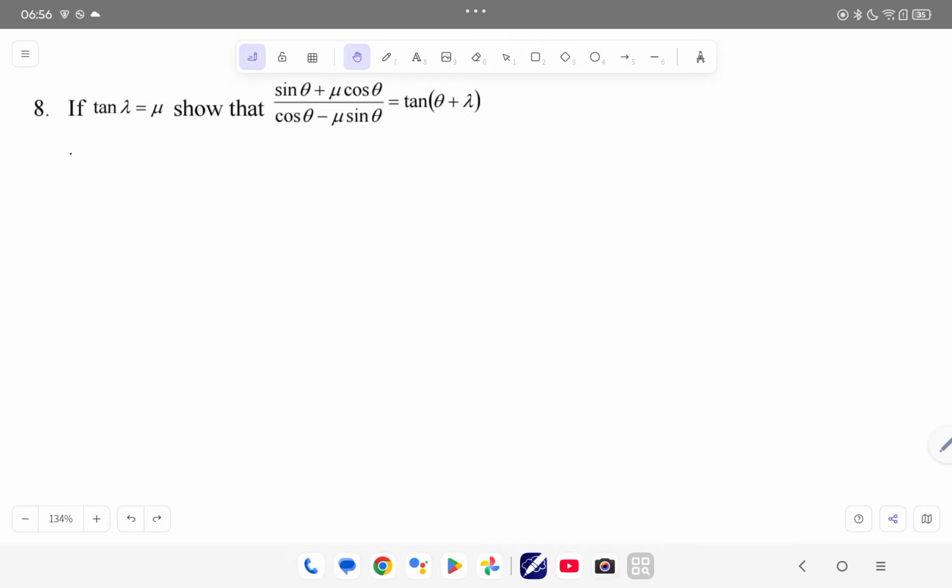Now we have already been given the value of mu, which we can proceed to substitute in our expression.